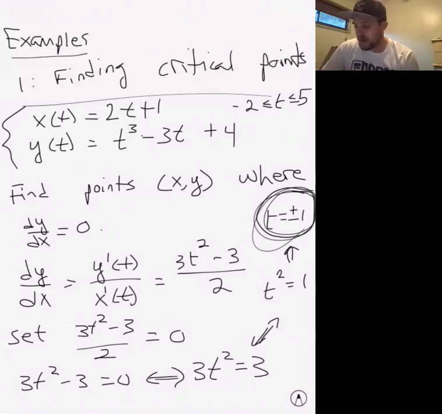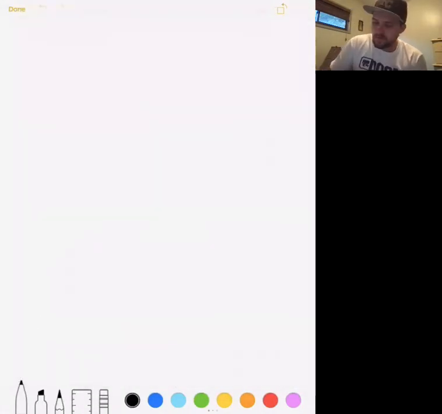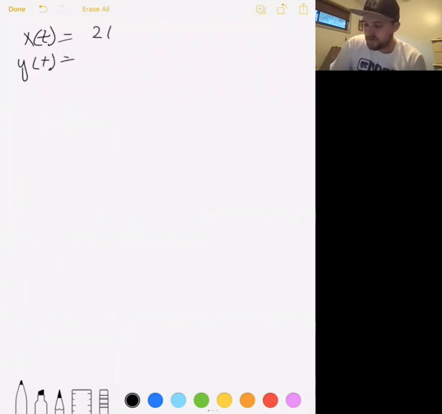But all we need to do now is take these values and plug them back into our parametric equations, because then we'll get the x and y coordinates at those specific times. Let me copy the parametric equations down for the sake of convenience here. It was 2t plus 1, t cubed minus 3t plus 4.